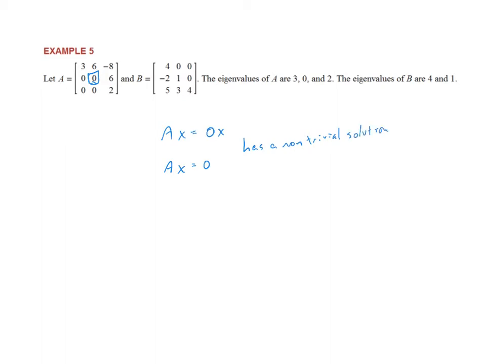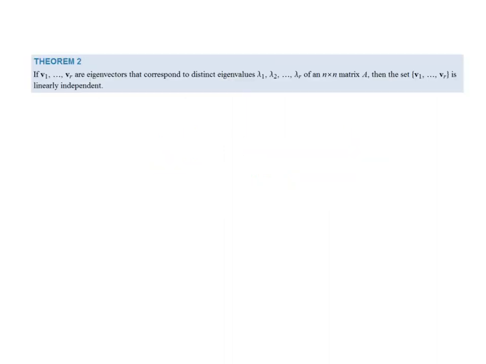Think back to something in the course where we addressed the equation Ax equals 0 having a non-trivial solution. What does that mean about the matrix A? It means that A is not invertible. Cool. So this ties the current topic back into that unifying theorem of the course: when we have an eigenvalue of 0, my matrix is not invertible.